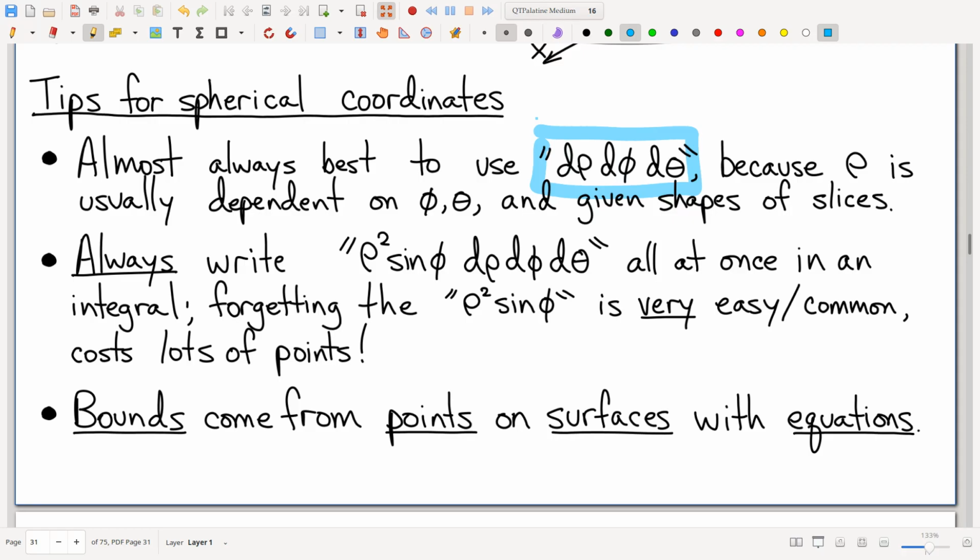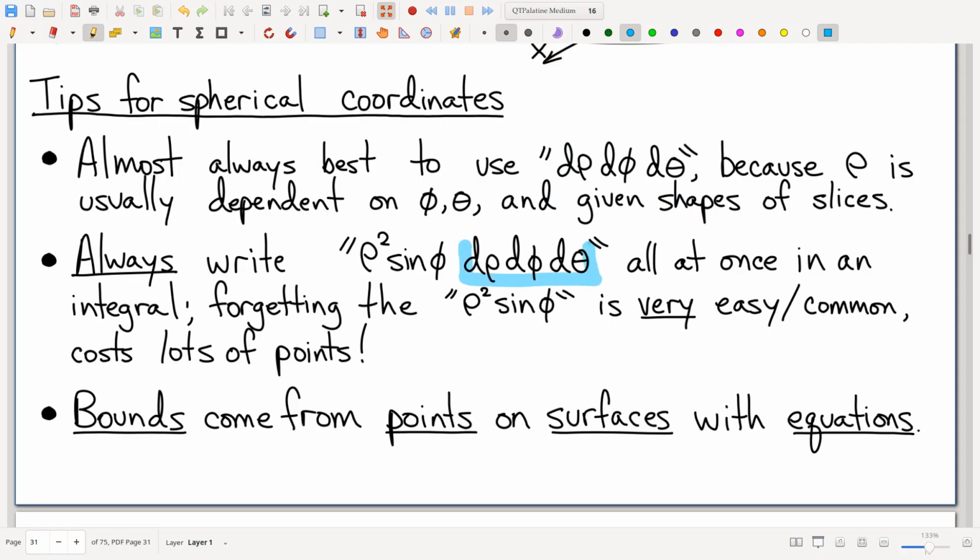So just always do your differentials in this order: d rho, d phi, d theta. Just default to that. It's extremely unlikely you would see anything where this is not just as good as anything else, and plenty of cases where this is way better than anything else. Okay, so that is the order to do them.